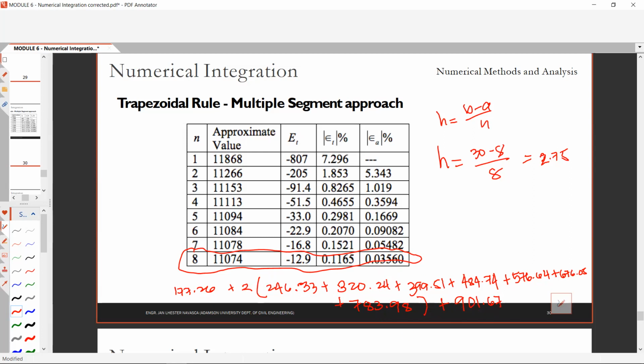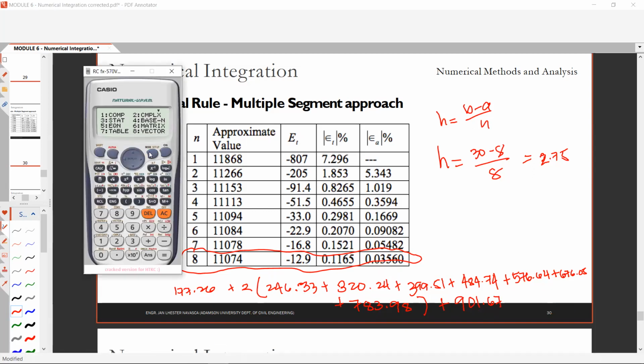Sulat natin, answer: 177.26 plus 2 times the quantity 246.33 plus 320.24 plus 399.51 plus 484.74 plus 576.64 plus 676.05 plus 783.98. Close parenthesis. Then yung last term natin, multiplier lang is 1.